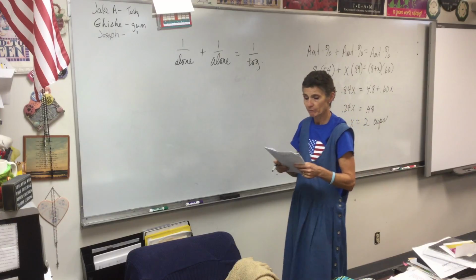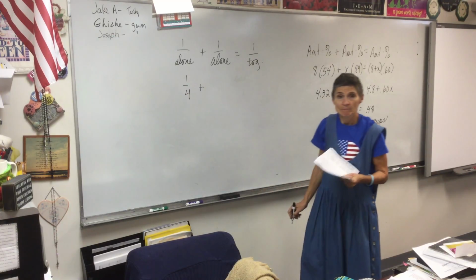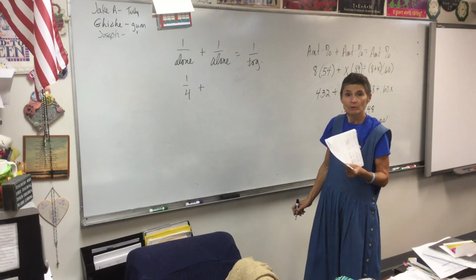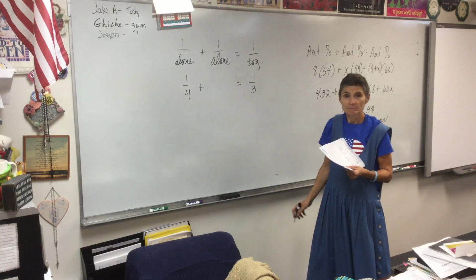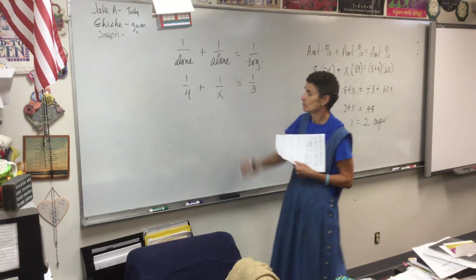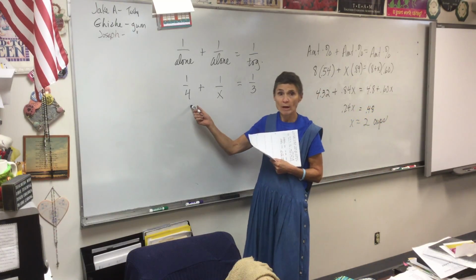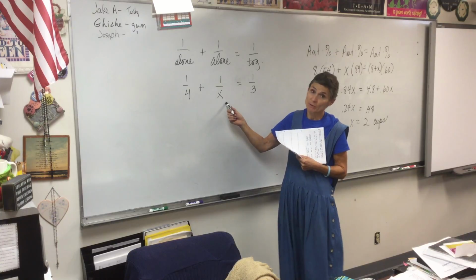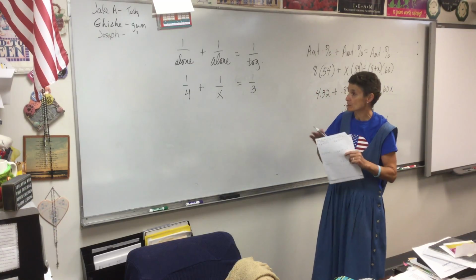Danielle can do the homework in 4 hours, so 1 over 4. If Zach helps her, it will take them 3 hours, 1 over 3. How long does it take Zach alone? 1 over x. So Danielle's time alone is 4 hours. Zach's time alone is x. We don't know, but together they can do it in 3 hours.